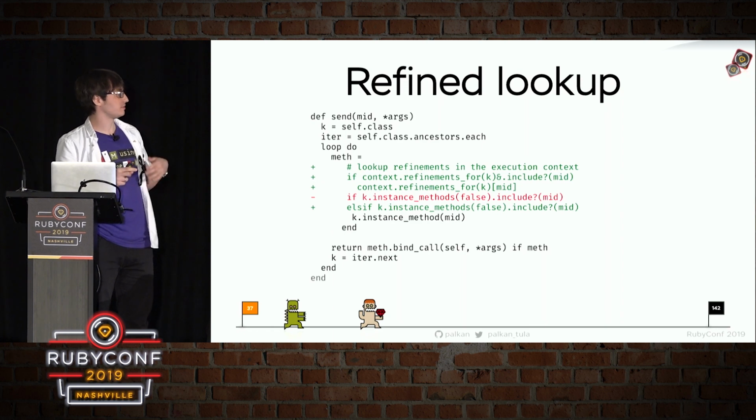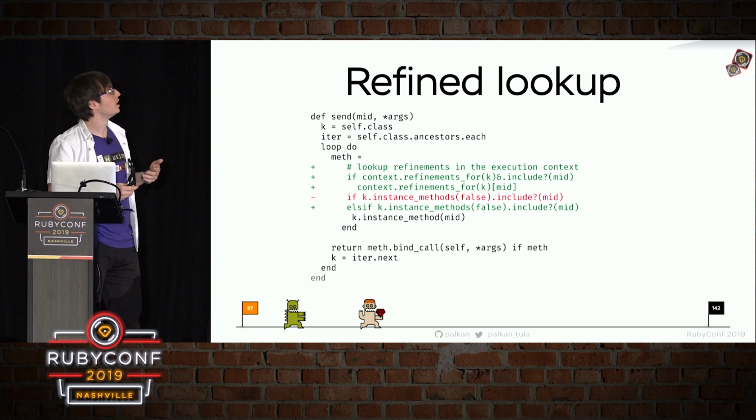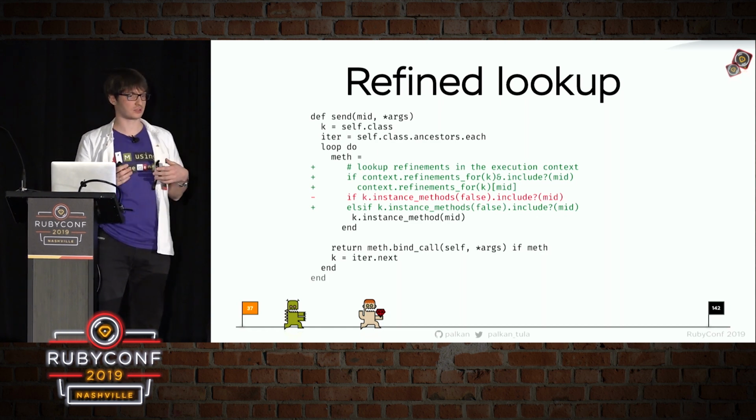Refinements made this small change, which actually turned out to be really big, because now we have to take into account the context of the execution.